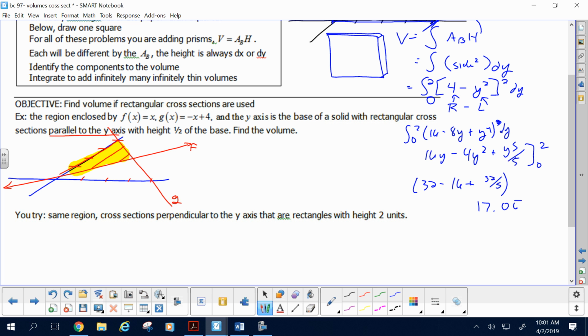Well, if here's the base, then the height would have to be half that. And if this is the base, then half that might be a little smaller, and half of this would be really small. So it should come to a point, because as the base goes to 0, the height should go to 0, making it come to a point. A little slice of cheese. You with me?